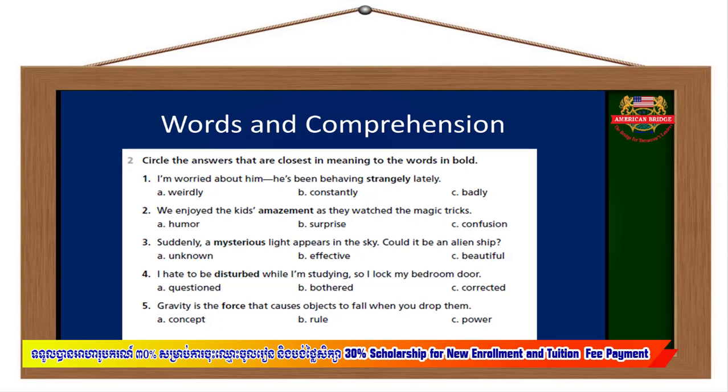We have lines number 1 to number 5, and each has three different answers. In each answer, some words can have really close meanings, but we have to find the closest one.